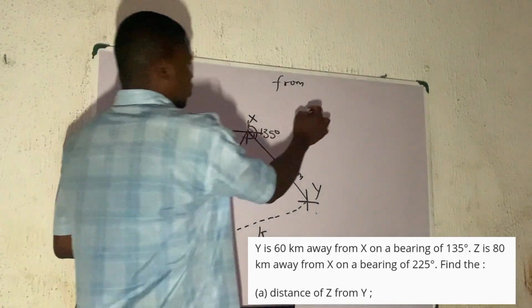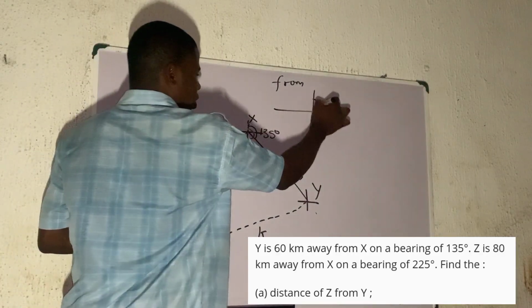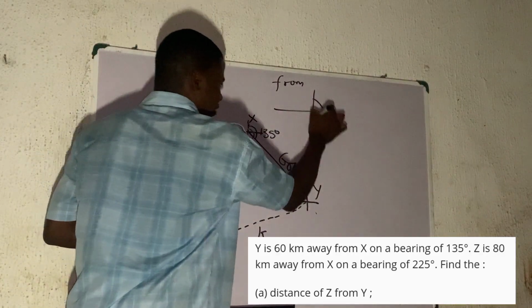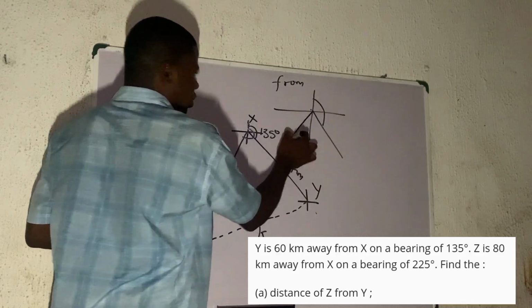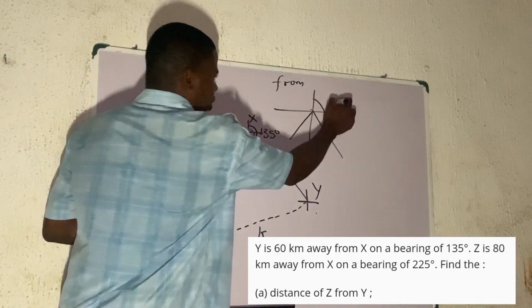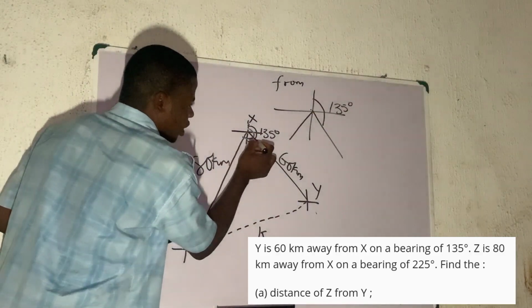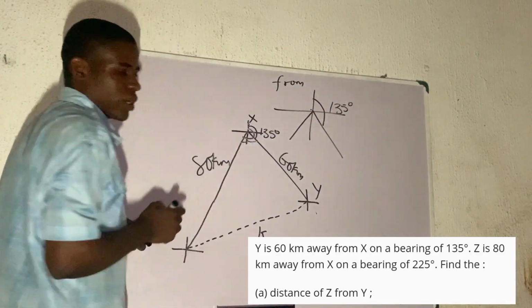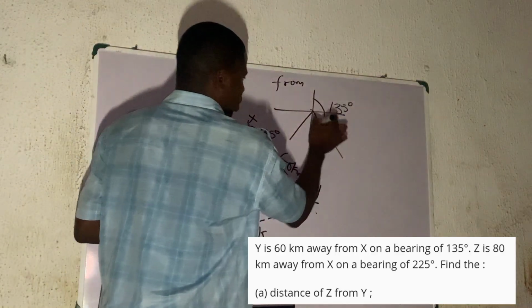Now, let's resolve something. They said that from here to here is 135 degrees, right? And from here to here is 225 degrees. That from here to here is 135 degrees. Now, look at the angles that I need. I need this smaller angle here, and I equally need this smaller angle here. Does it make sense? So what is the value of this smaller angle here?